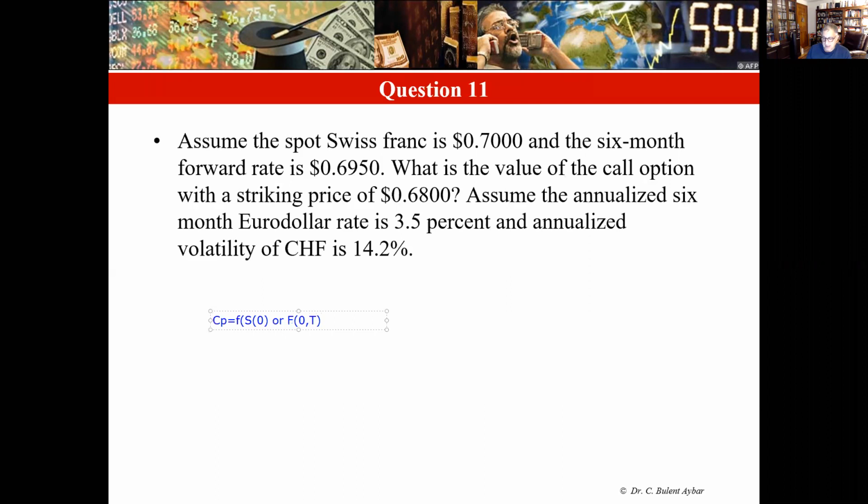T implies the expiration of the option. Then the exercise price, time to maturity or time to expiration, interest rate for the domestic currency, interest rate for the foreign currency, and finally, volatility.